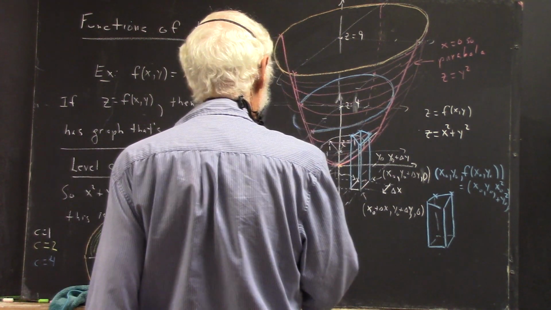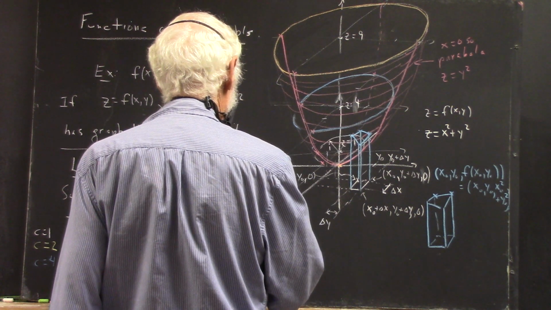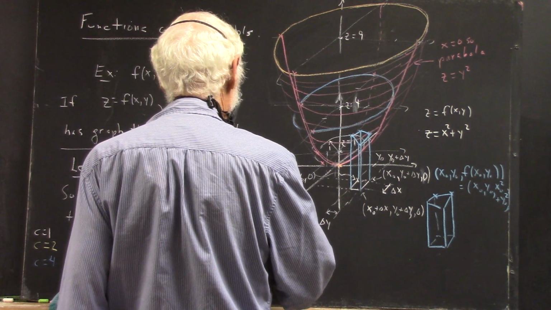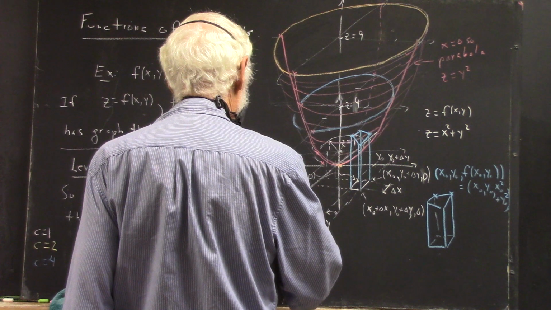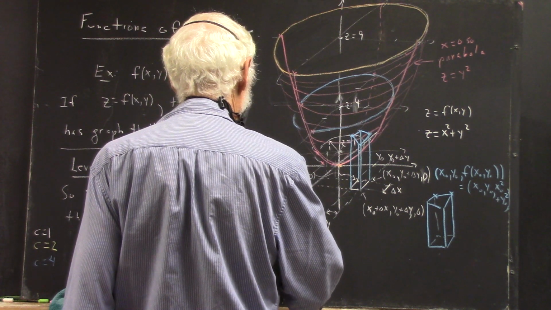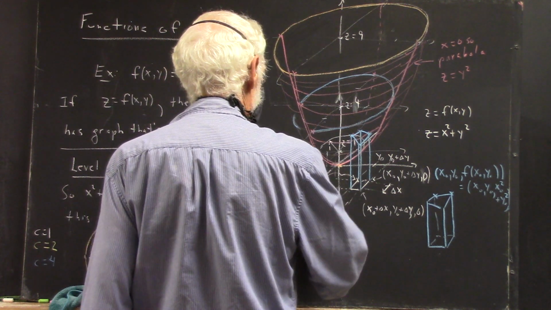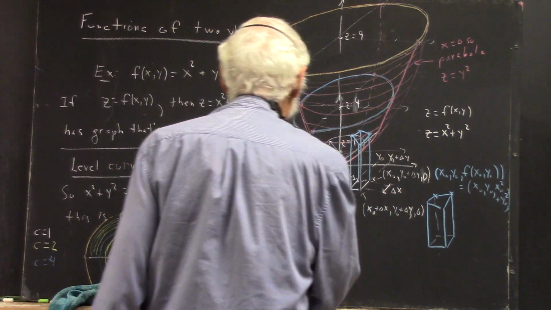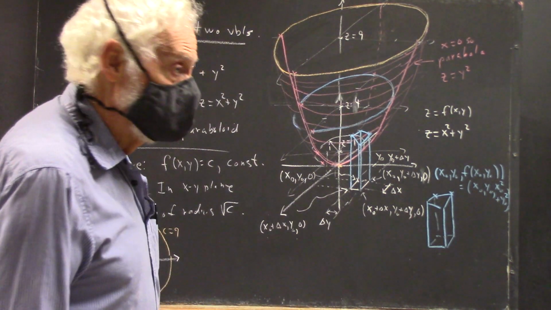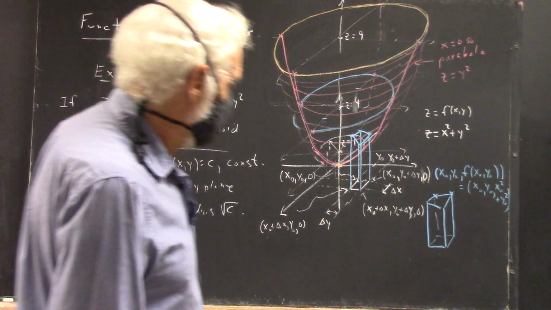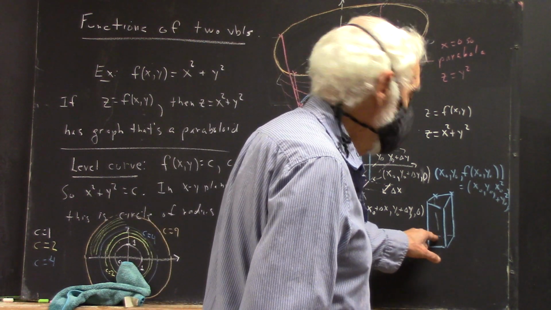At this point here, it's x naught plus delta x, y naught, 0. So now we know what the coordinates of these 4 points are.